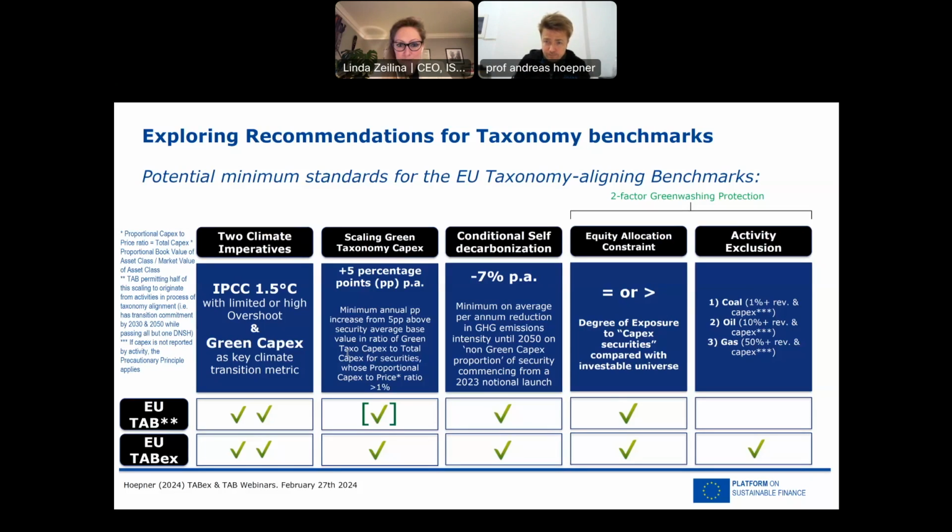Thank you. I think there's an interesting question about ESG scores by banks. So this is an ongoing discussion. There are methodologies, and I've seen a few projects that are working on this. So there's actually something like that that already exists. But here the question is, would the green capex as a key climate transition indicator be considered within the ESG score established by banks for clients? So corporates applying for credits from banks.